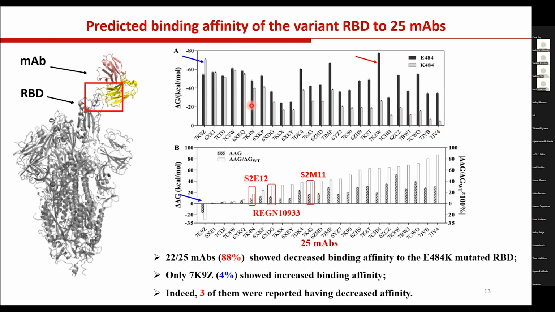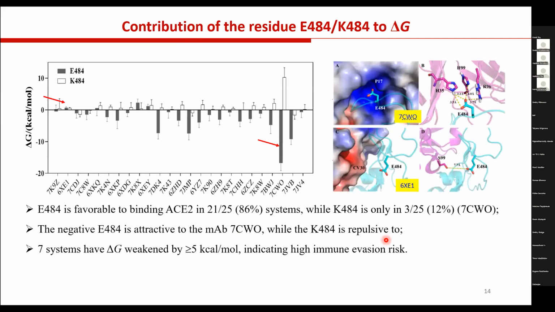Most of the systems, actually 88% of the systems, showed decreased binding affinity to the mutated RBD. And only 4% showed increased binding affinity between the monoclonal antibody and spike protein. So it means the mutation may lead to a higher risk of immune evasion.